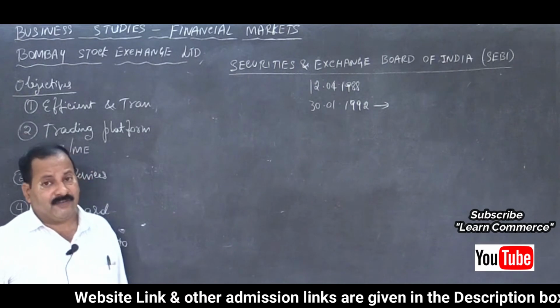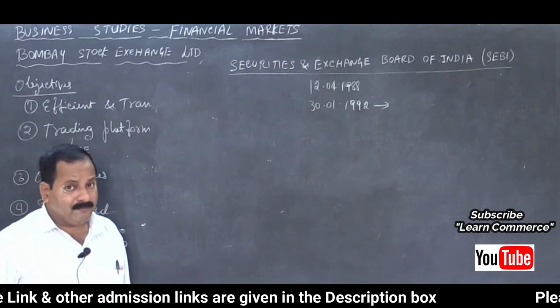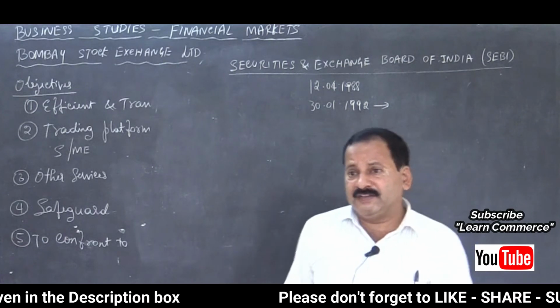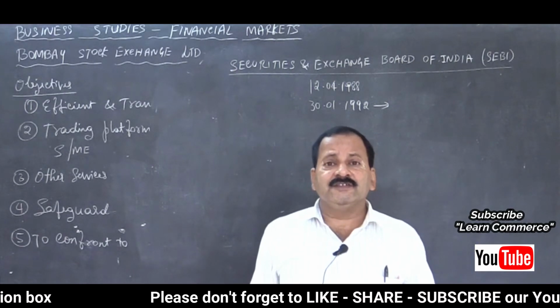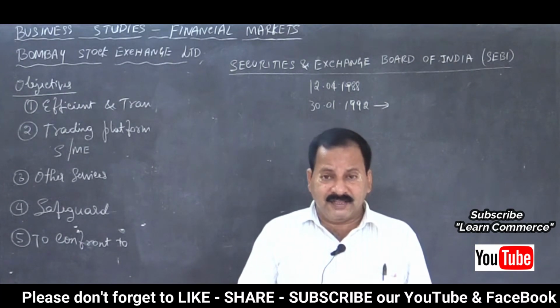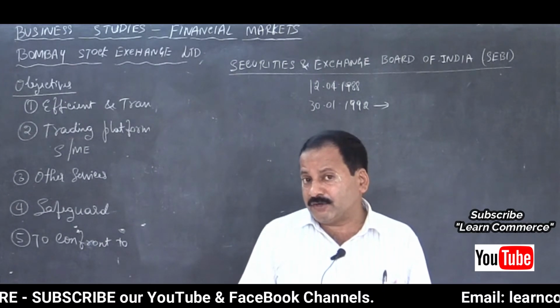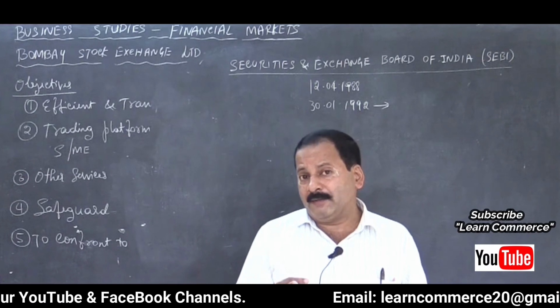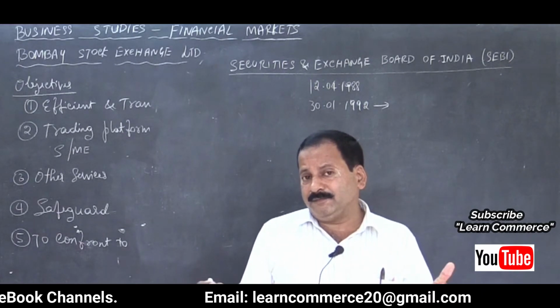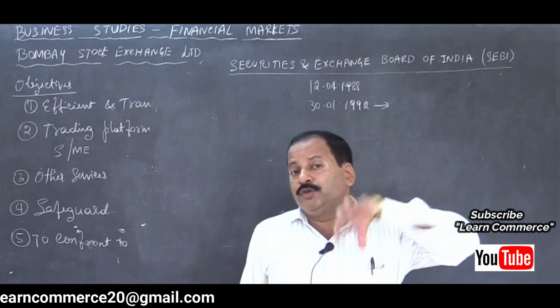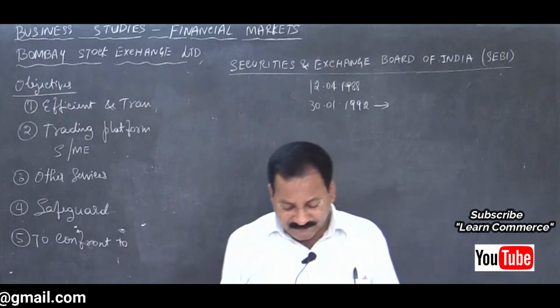You have studied in first year, under private, public and global enterprises, there are three forms of organizations: departmental undertakings, public corporation or statutory corporation, and the third one is government companies. Correct. Three forms of business: private, public and global enterprises, depending upon the ownership of the organizations.